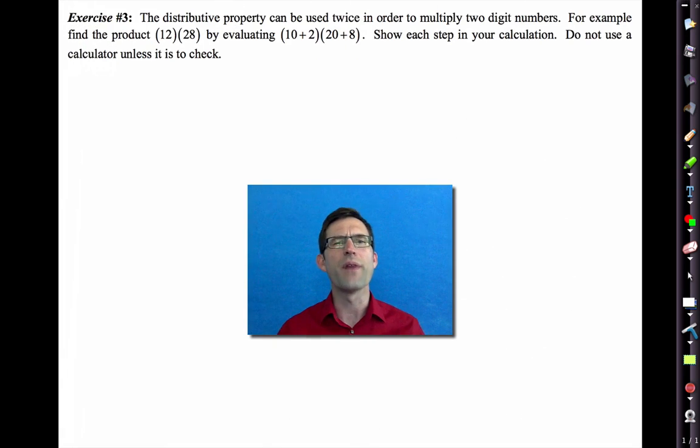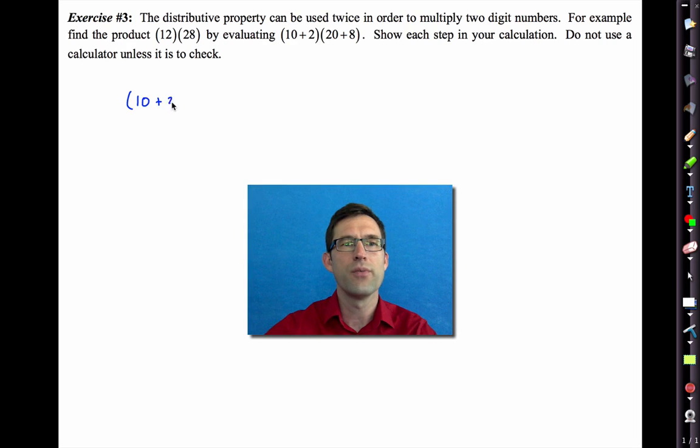All right, probably the hardest thing is using the distributive property twice. So let me show you how that's done. We're going to do 12 times 28, and we're going to evaluate it by thinking about the 12 as 10 plus 2, and thinking about the 28 as 20 plus 8.